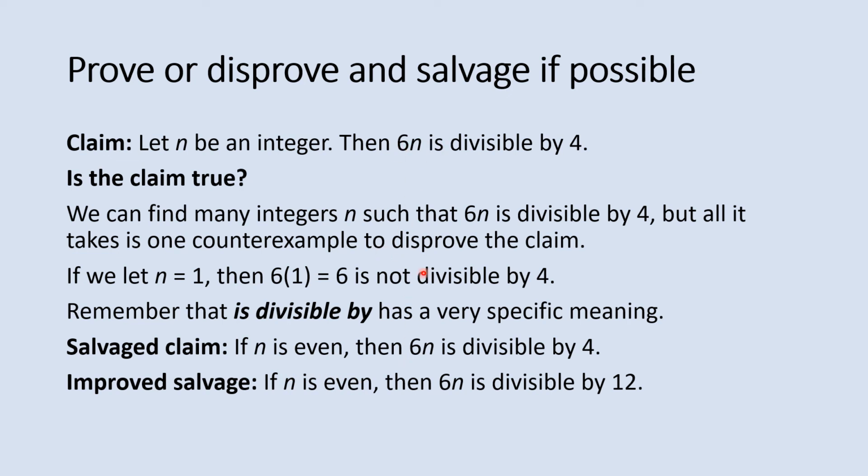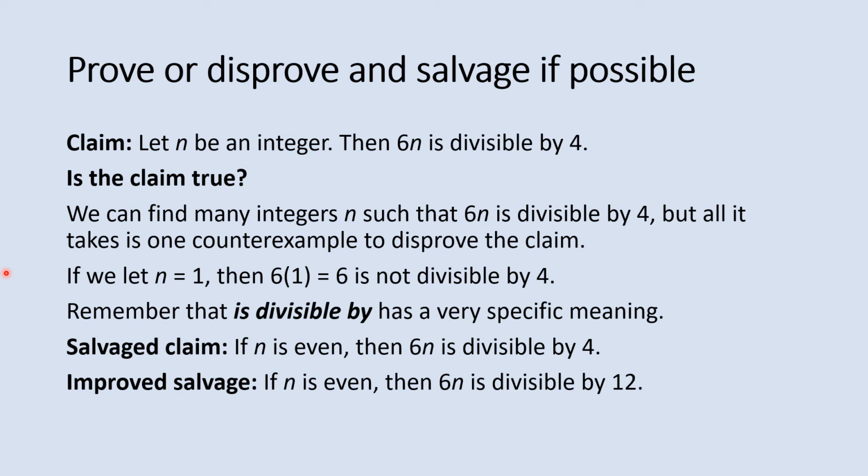So the salvage modified "let n be an integer" to "let n be an even integer," and then it improved the conclusion: not only is 6n divisible by 4, it's divisible by 12. Something divisible by 12 is also divisible by 4, but this gives us a stronger conclusion. So we modify the hypothesis and get a stronger conclusion.